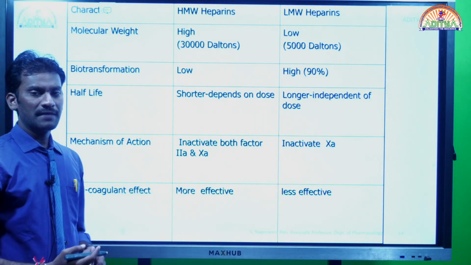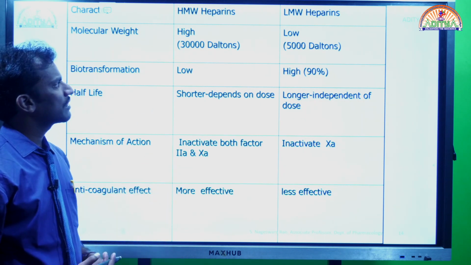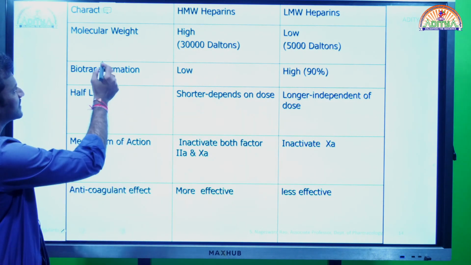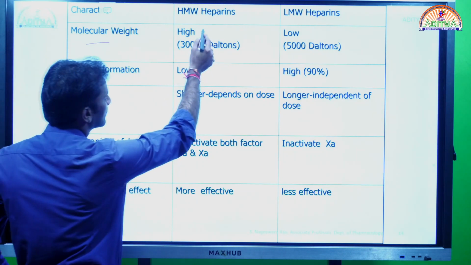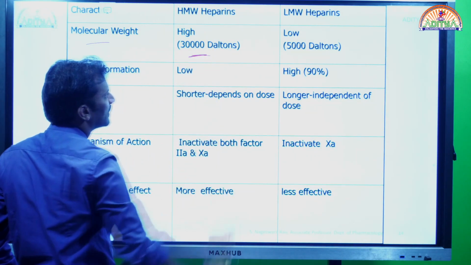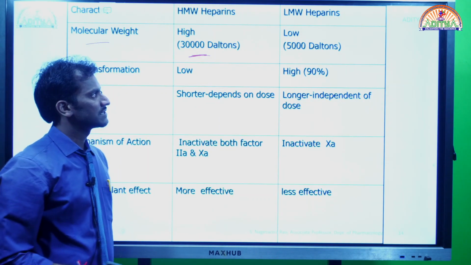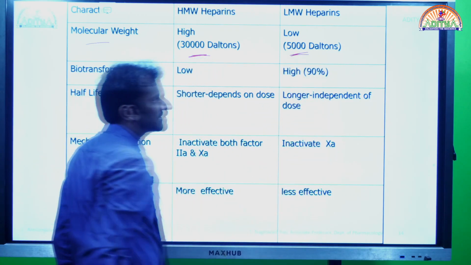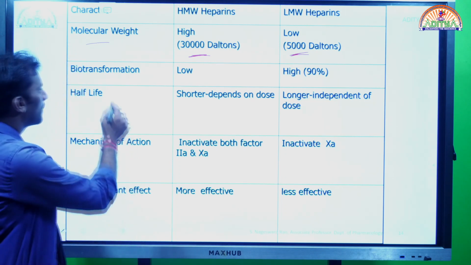Now let us see the differences between low molecular weight heparins and high molecular weight heparins. These are the characteristics. Molecular weight: high molecular weight heparins have a very high molecular weight, around 30,000 daltons, and low molecular weight heparins have a very low molecular weight, around 5,000 daltons.